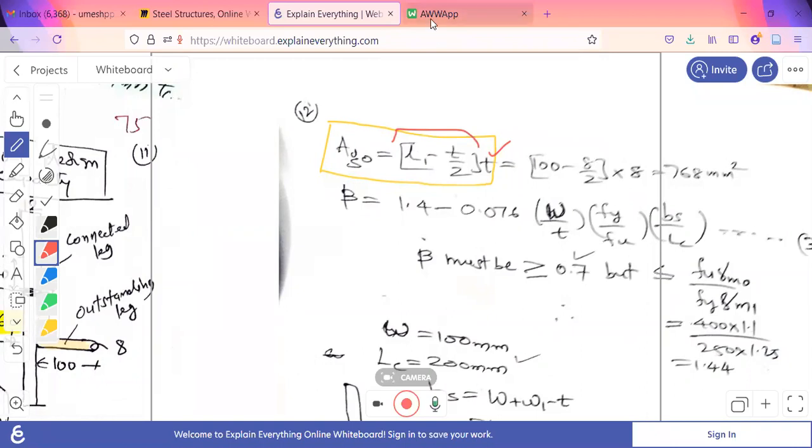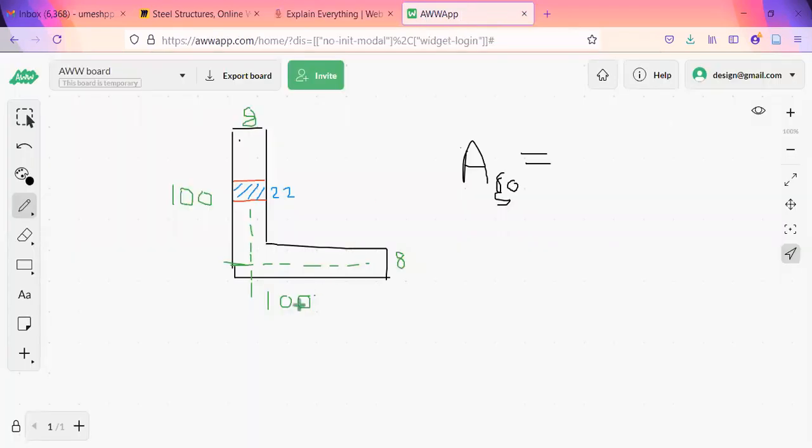Let us go back to the diagram. How to understand this one in the diagram, I'll show you now. So look at this diagram again. How much is this? How much is this red line? This is 100. How much is this distance?